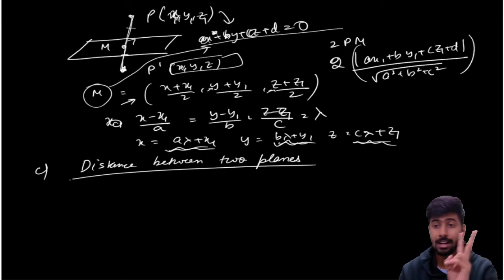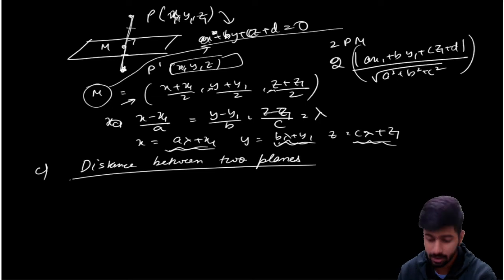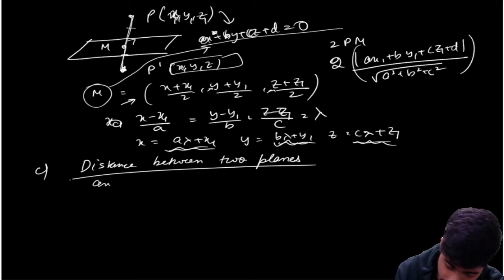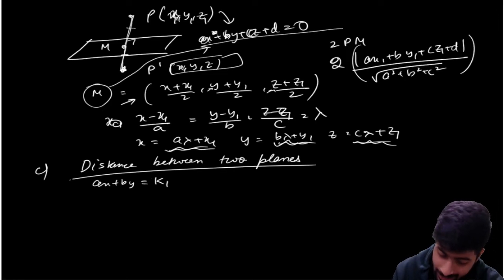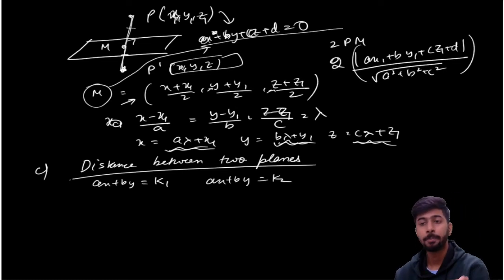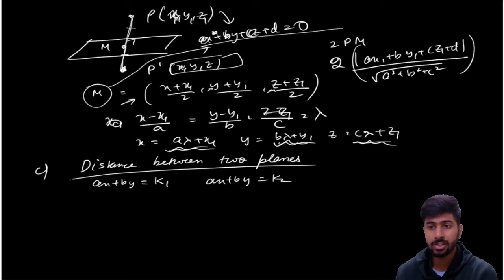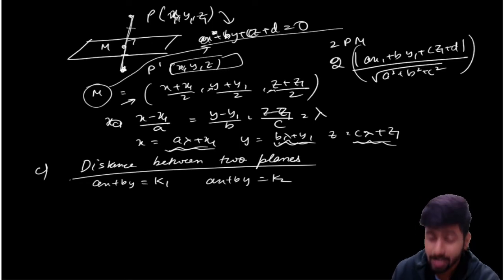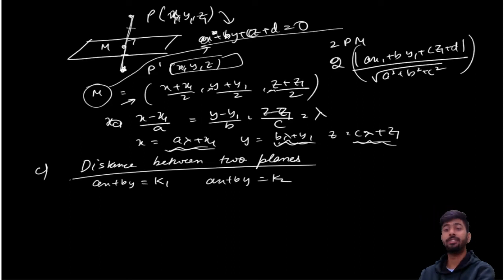Just the way two parallel lines differ by a constant. If I have a line ax plus by is equal to k1, a line parallel to this will be ax plus by is equal to k2, because both the lines should have the same slope, right? So they'll only differ by a constant. Similarly, if I extend the same concept to 3 dimensions, two planes will only differ by a constant.